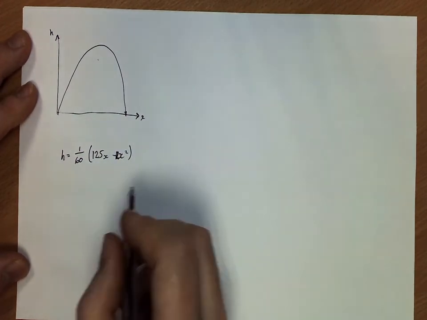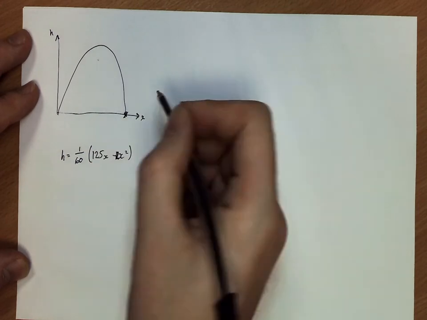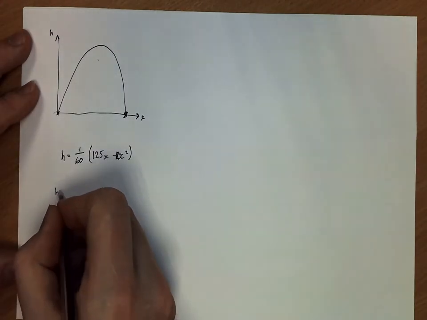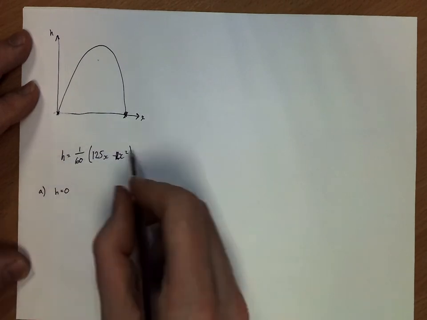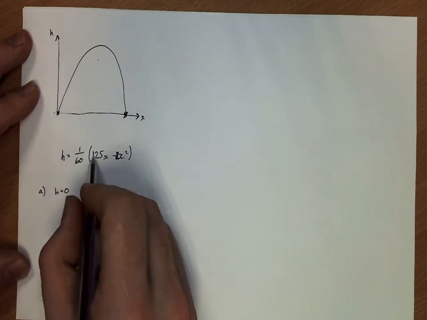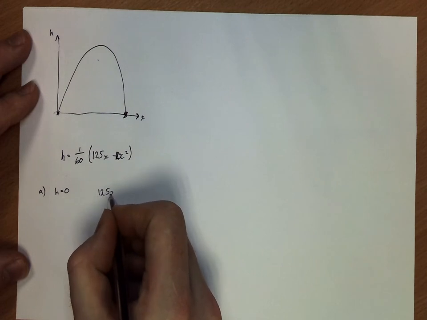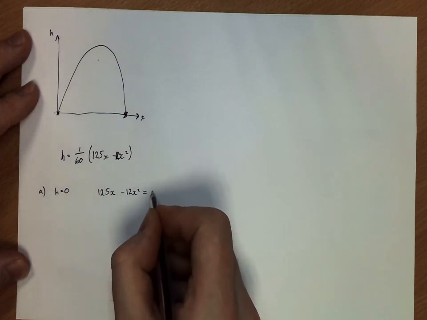Okay, so in the first part, we are trying to find where he lands. So how far is this distance? We can see very clearly that we want h to equal 0. So we're going to say that this thing equals 0. If we times by 60, it's not going to change the 0. So what we're actually saying is this thing here equals 0. So 125x minus 12x squared equals 0.